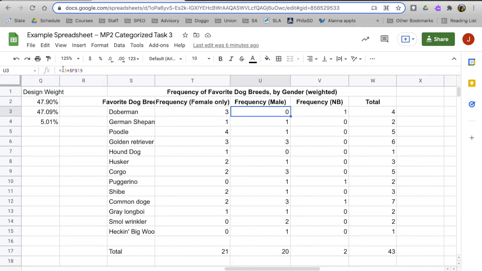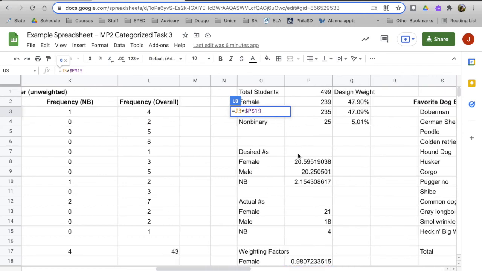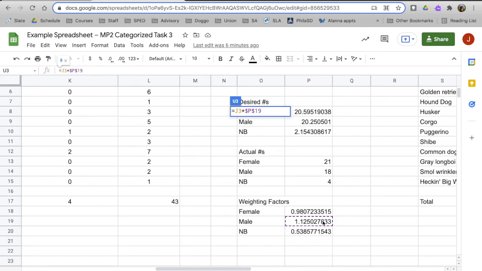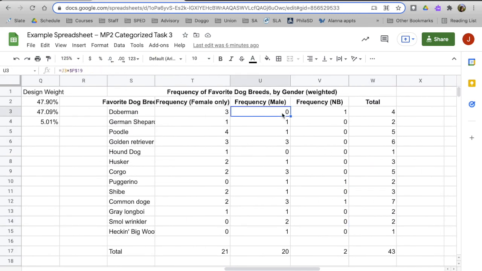All we had to do is go to this formula, go to J3, where we have the first row of data for male respondents, and multiply it by this weighting factor for male. And then we filled all the way down. So we did it for every single row in the table.